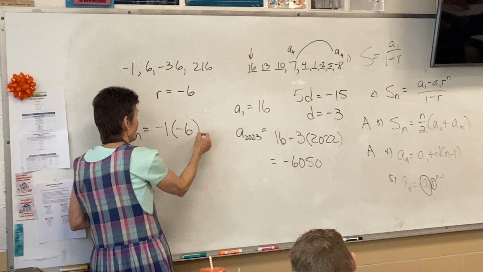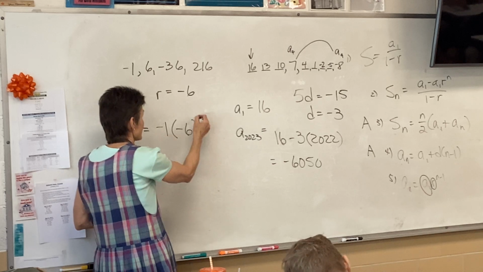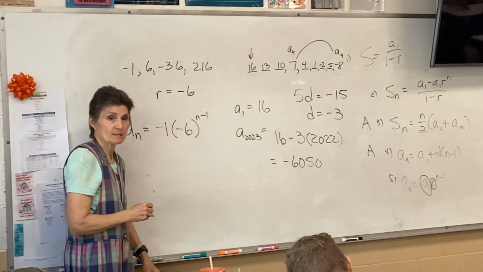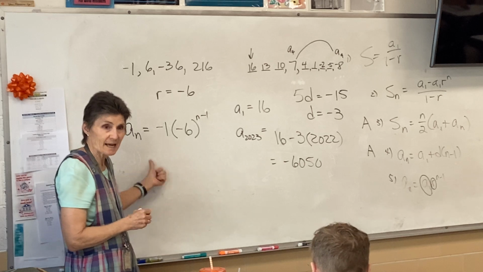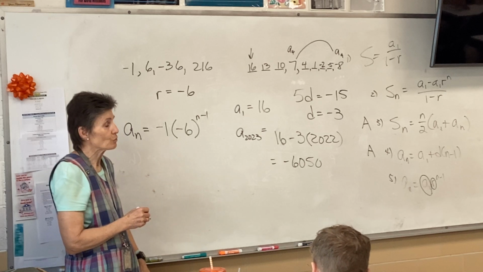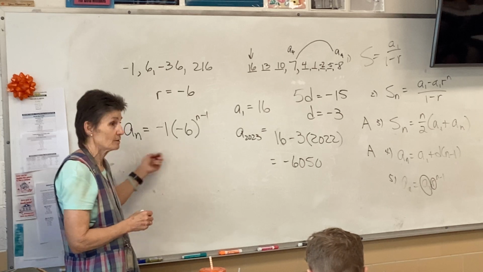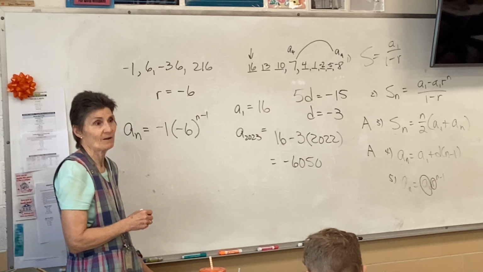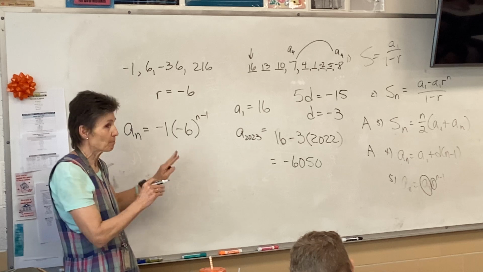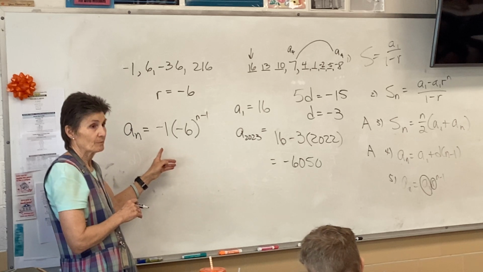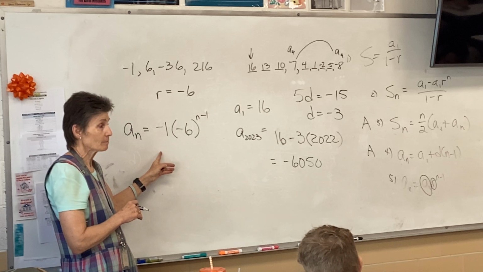My ratio is negative 6. And the formula says the power is n minus 1. That's it. Don't try to simplify that. The geometric will never simplify. So don't try to. Stop right here. That's the answer. That's your explicit term.